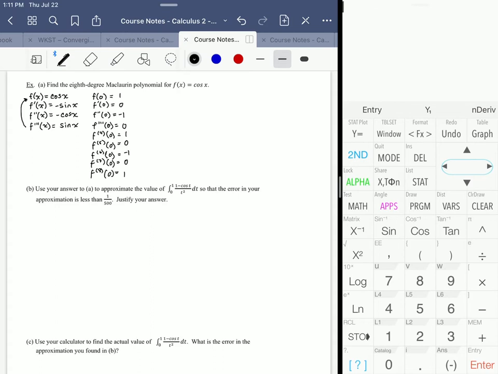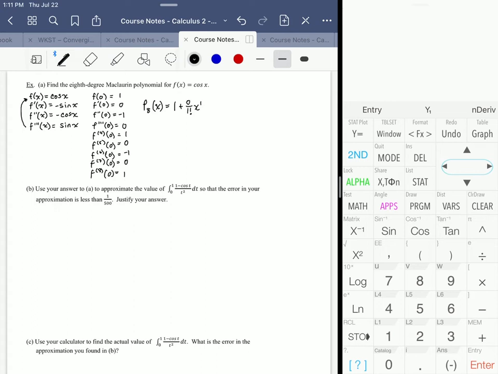So now when it comes to writing the polynomial itself, I'm going to say p sub 8 of x is 1 plus 0 over 1 factorial. It's Maclaurin, so x minus 0, so x to the first.